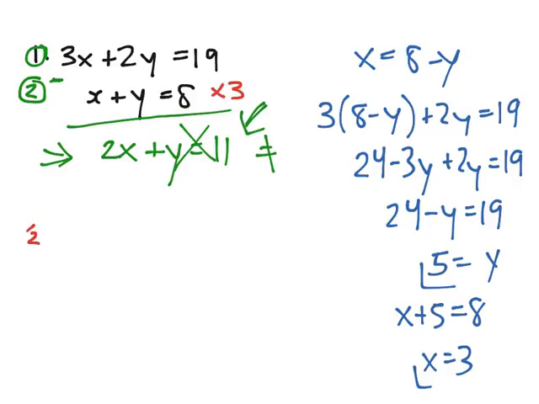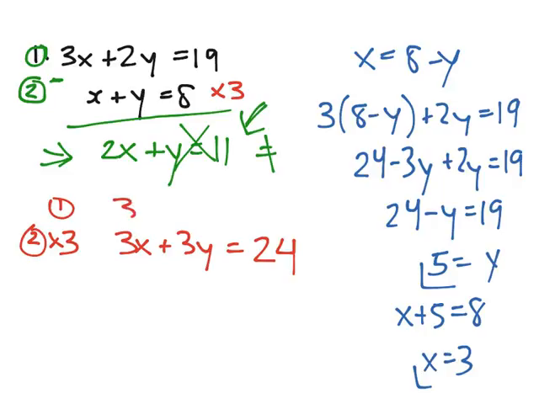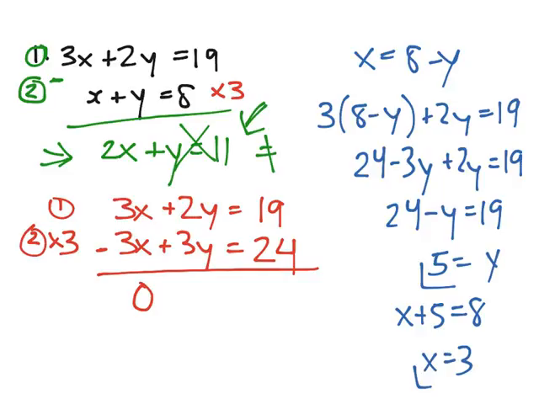That gives us 3x plus 3y is equal to 8 times 3, that's 24. And take our first equation, just like how it was, and now when you subtract them, 3x minus 3x will give you 0. 2y minus 3y is negative y. 19 minus 24 is negative 5.